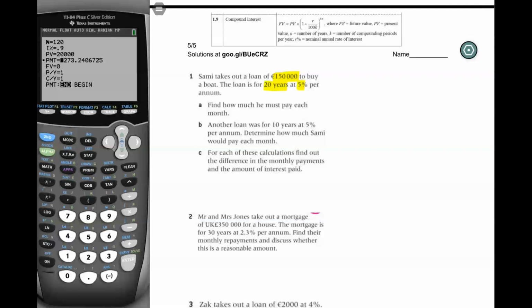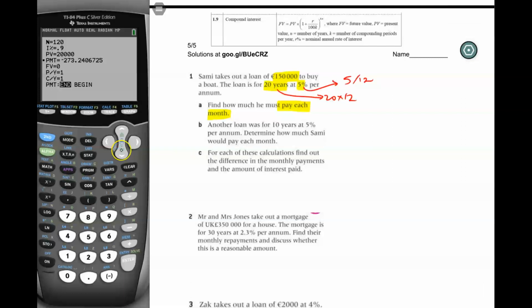It depends on how much he needs to pay each month. So we already know that the N value is going to be 20 times 12. And the 5% interest rate is going to be 5 divided by 12 because the transactions are every month.